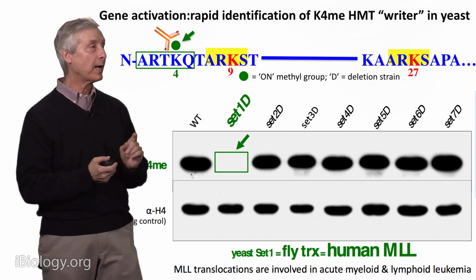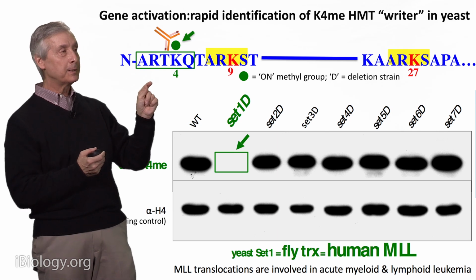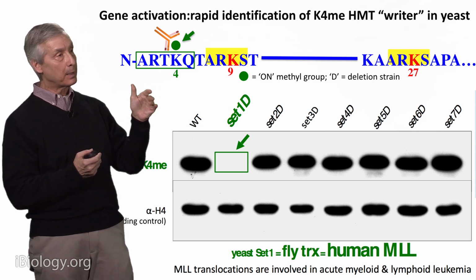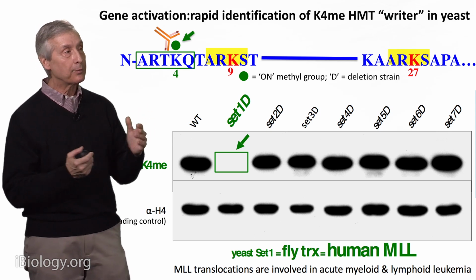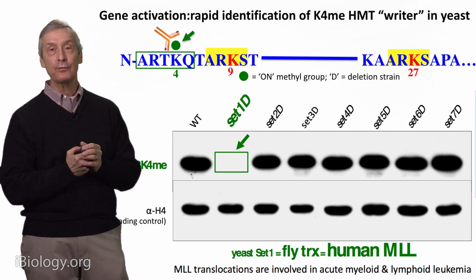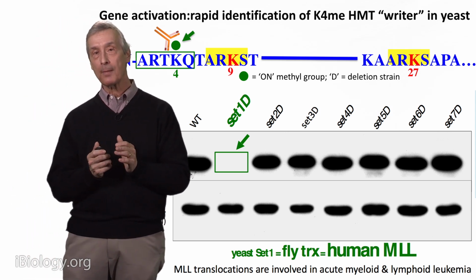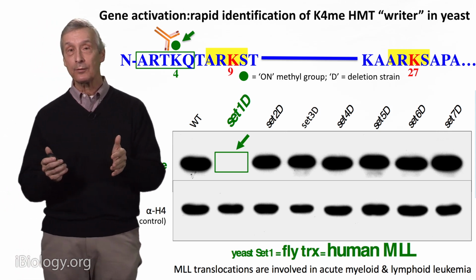No, they're not. In fact, if you look at the very tip of the H3 tail, lysine 4, that was shown by many laboratories to be an on mark. So not all methyl marks are silencing, some are activating. But yeast as an organism has this amazing property that you can obtain genetic knockout strains.